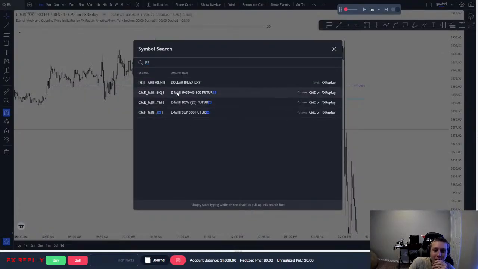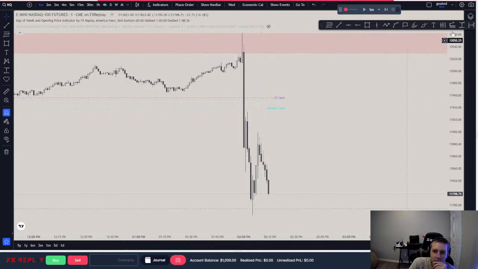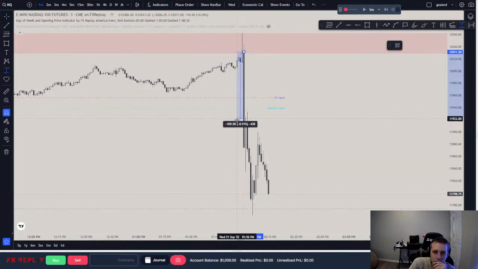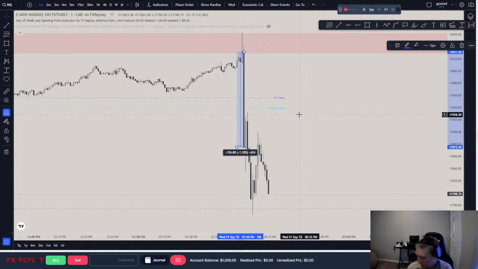How many points is that within one candle? 150 points in one candle. That's insane. That's also why you don't want to trade it. And maybe on some random funded account.